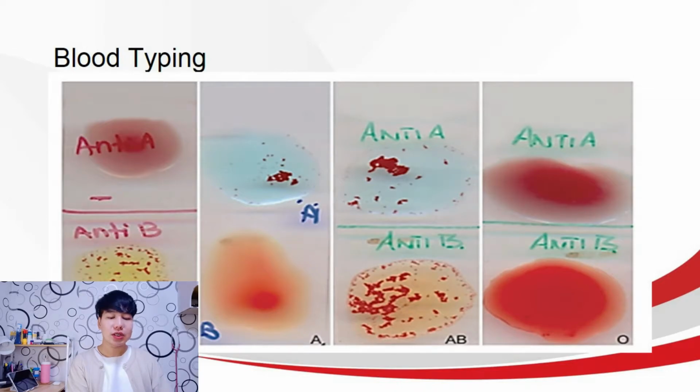If agglutination is present on both anti-A and anti-B, this indicates that the patient is blood type AB. If agglutination is not visible at all, the patient must be blood type O. So, yun lang po. Next.